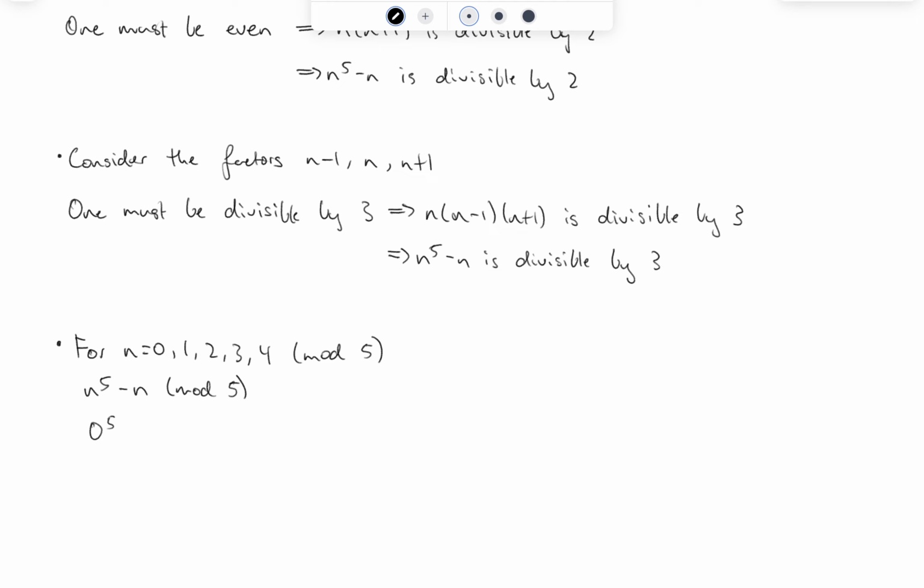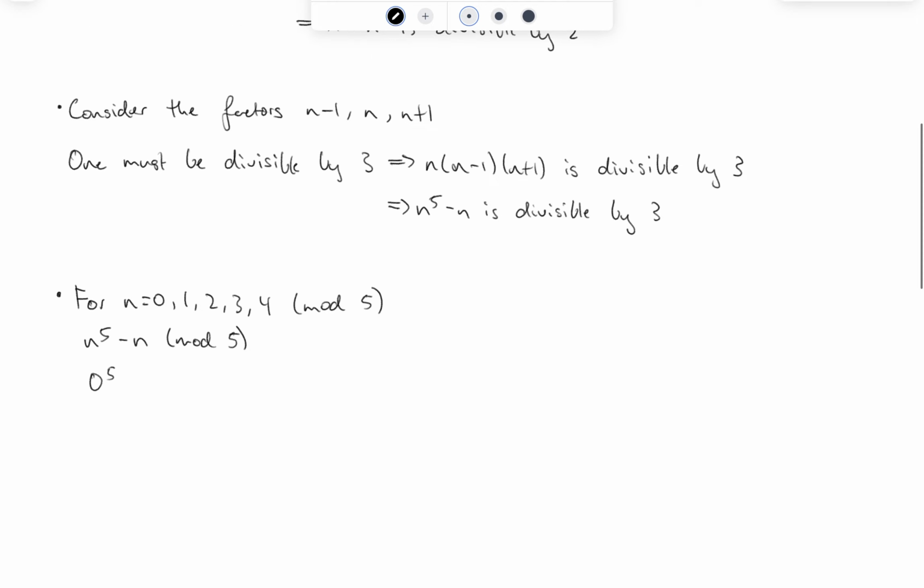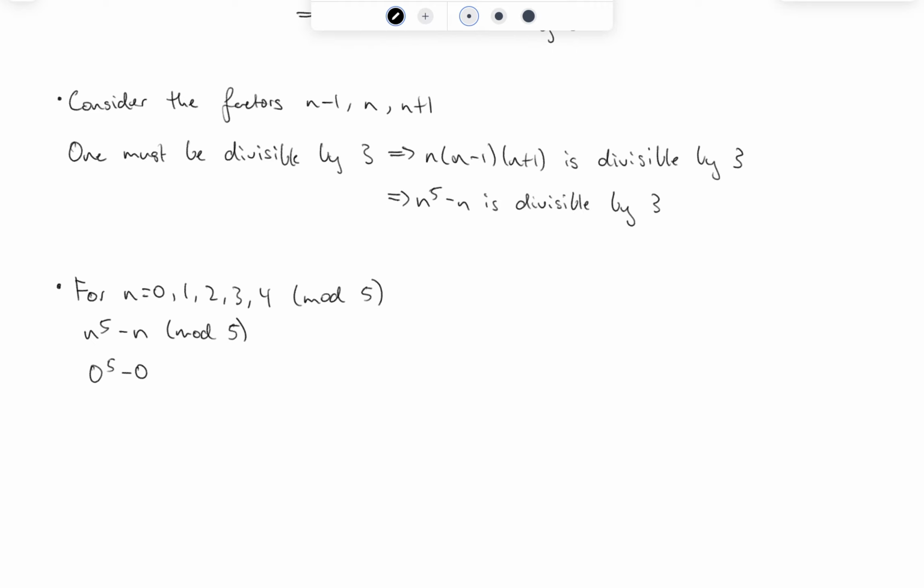It takes a while, so that's why we've split this up, so that this last result we're just showing divisibility by 5, so we're only doing 5 cases here. So 0 to the 5 minus 0, so we're just making the substitution of 0 into this expression here. 0 to the 5 minus 0 is just 0. So that's good.